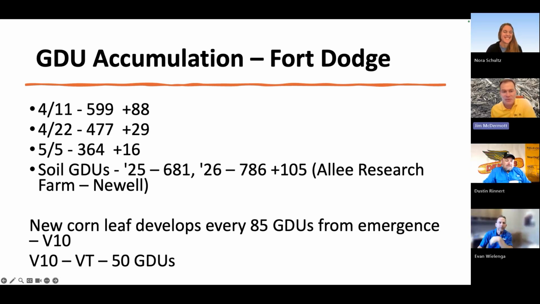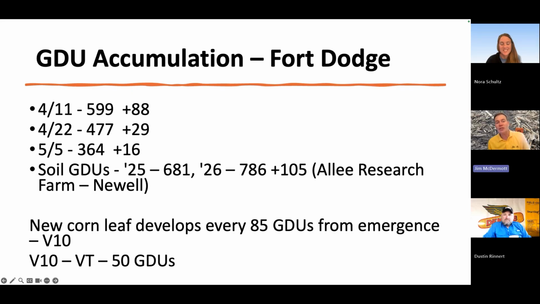But some of the projections based on historical averages of GDU accumulation going forward are starting to put that tassel date right around July 4th, depending on where you're at, depending on maturity, all those factors. But I would not doubt it if we see a tassel by the 1st of July, unless we suddenly turn around and cool things down, which hopefully we don't.